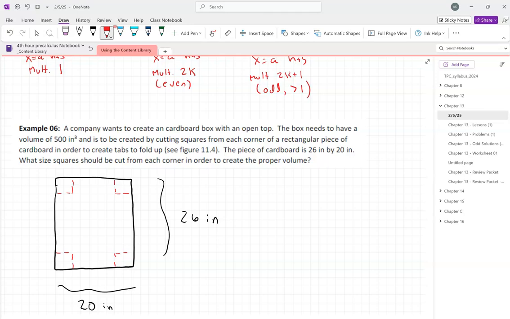So that when we fold up along those perforation lines, we end up with an open top box, right? So the question it's asking is what size squares? I'm going to label those as x, and that's what we're looking to find. And we're told the volume needs to be 500 cubic inches, right?